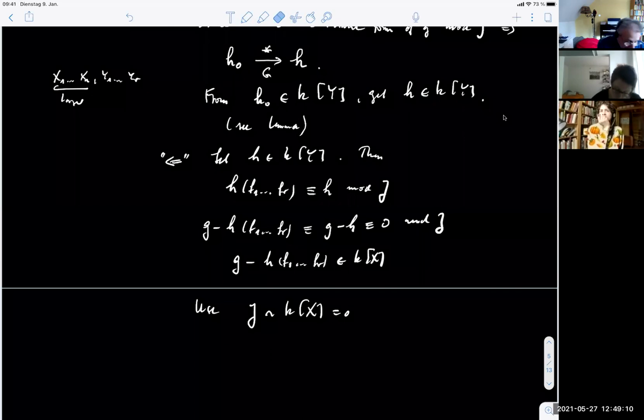Maybe I should say I proved it. I gave two proofs, one using Gröbner bases and one, I think, geometric, and it's also very easy to see directly. So what we see in the end, if I combine this, I see that this must be 0. And I'm done.